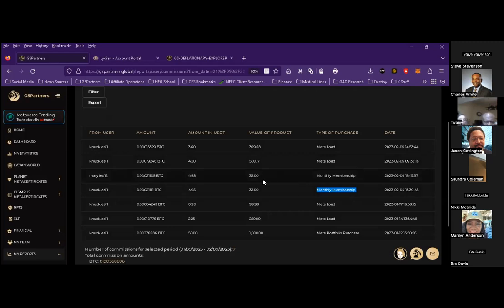This actually tells you exactly how much you've earned from their purchase, what the value of their purchase was, what cryptocurrency they used, and what it was for, and the time and date. So if you're looking for a monthly membership, look for it under your user commissions. Note that if you don't pay your membership, you don't get member commissions for that time, and they don't show up in your list.